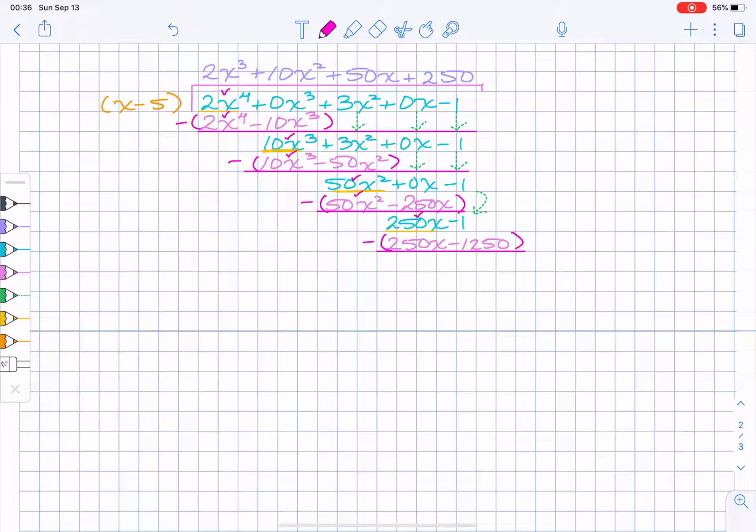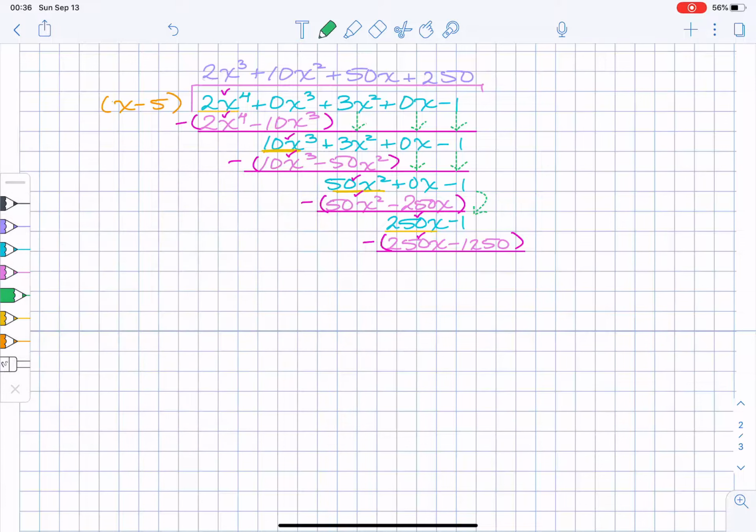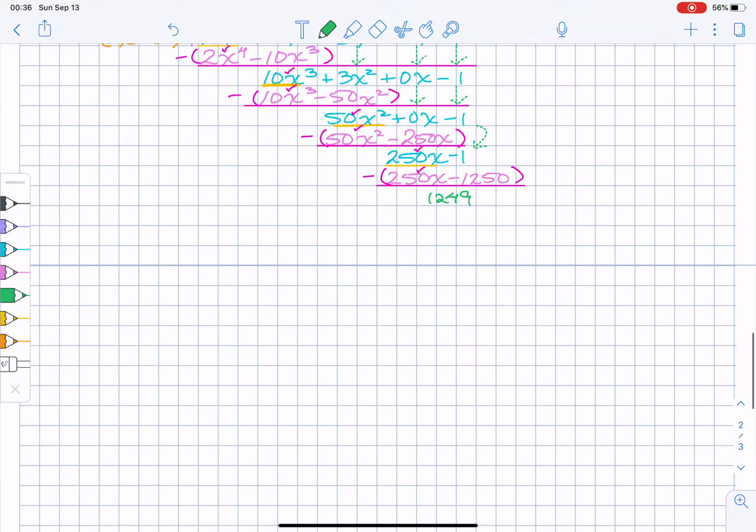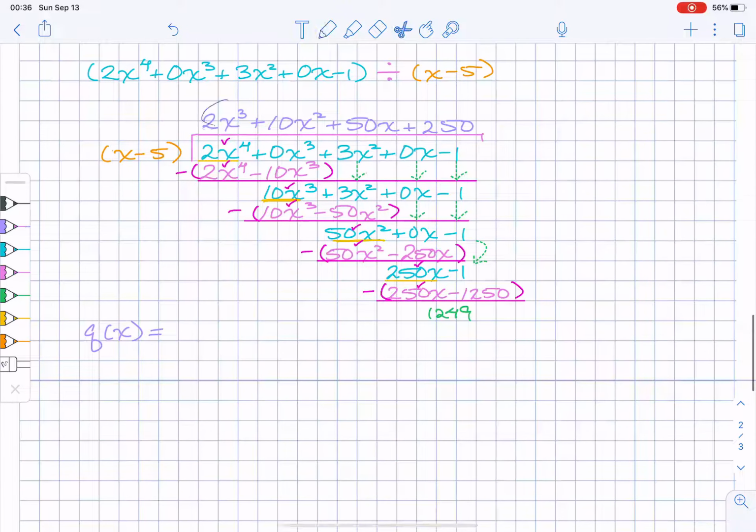The 250x's go away, and I'm left with a remainder of 1250 minus 1 is 12. Oops. Well, can't teach an old dog new tricks. It's going to be 1249. Okay, so my quotient, q of x, is going to be 2x cubed plus 10x squared plus 50x plus 250.